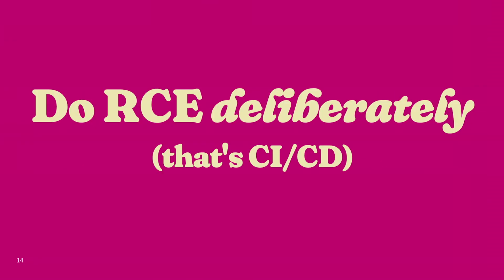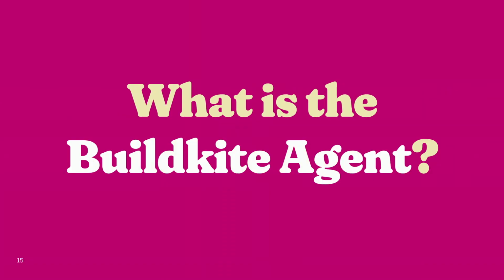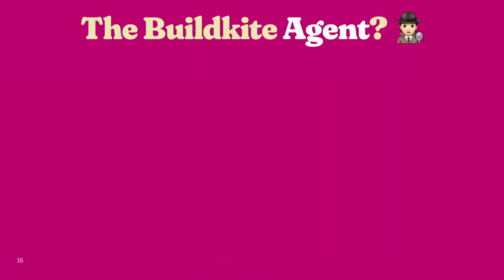So I think that this isn't official or anything, but I think that CI/CD should be: do your remote code execution deliberately and properly. And so what is the Buildkite Agent? This is the piece of software I'm going to be talking about. It is basically the official runner. First, you may be confused by the title. It has nothing to do with agentic AI. So sorry if you were expecting that.